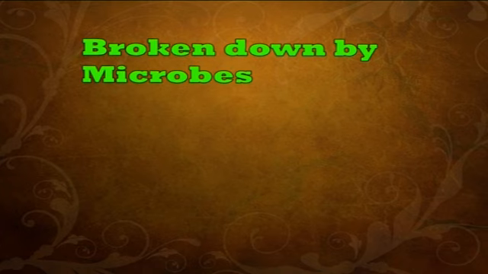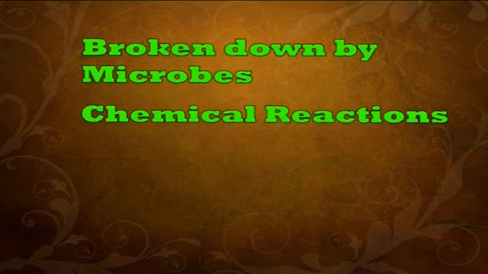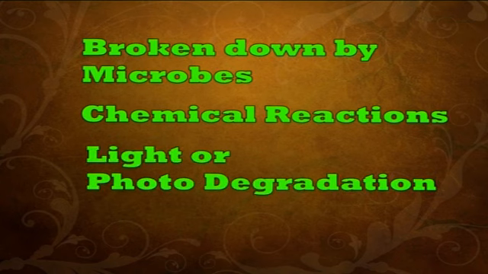Pesticides are broken down by microbes, chemical reactions and light or photodegradation. This process may take anywhere from hours or days to years, depending on environmental conditions and chemical characteristics of the pesticide.